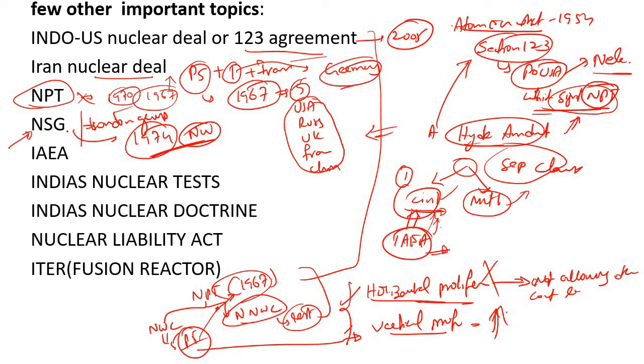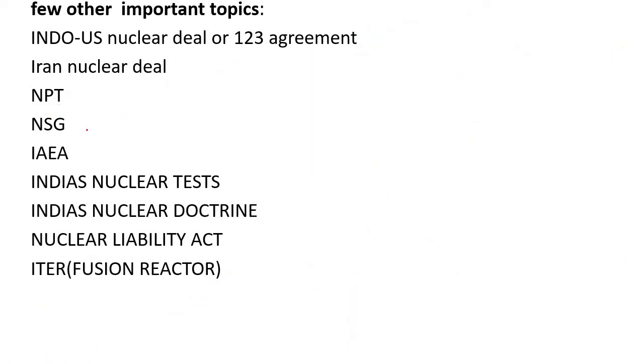membership into the NSG, but China is opposing, because of the two major clauses that are required: countries should sign the NPT, and they should allow full scope IAEA inspection.